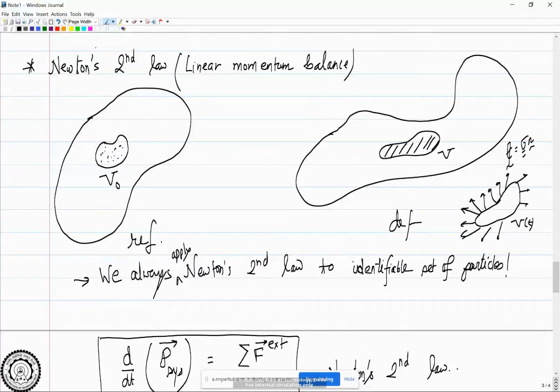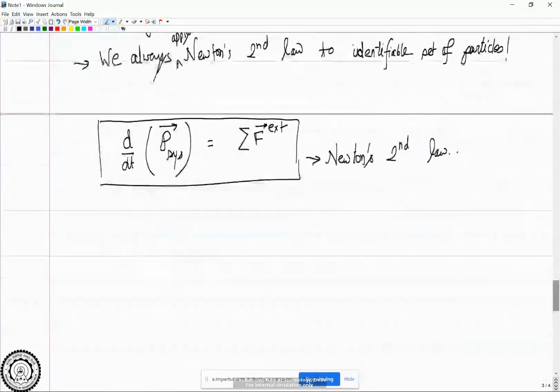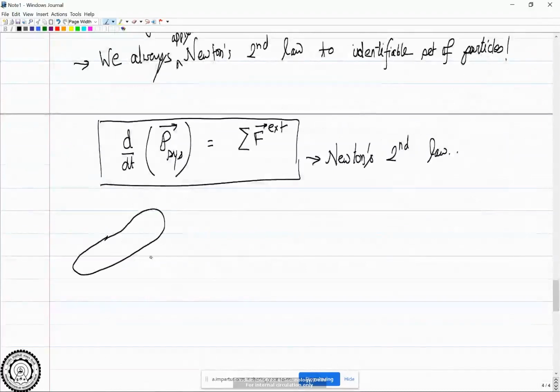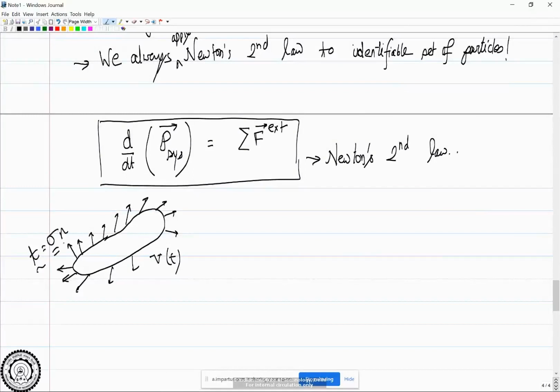What are the other things? You can also have body force, for example, the gravitational force. So let me draw that picture here again. This is V of t, and you have the traction, and traction only acts on the surface. So this is also surface force or contact force.